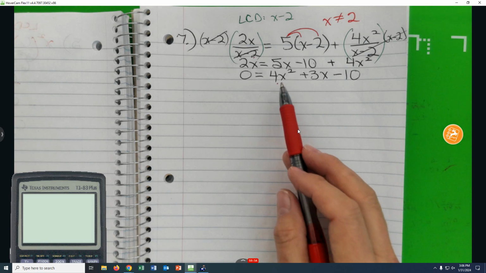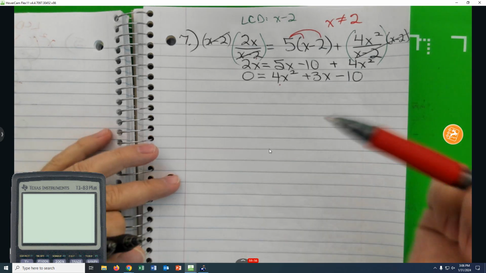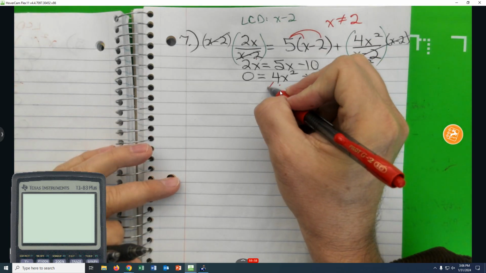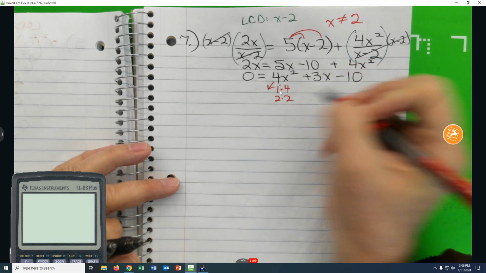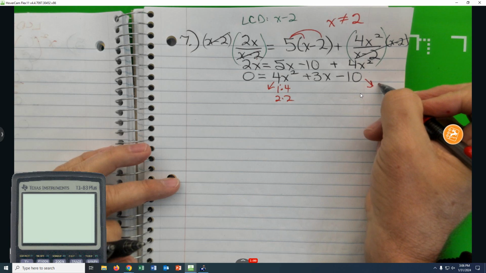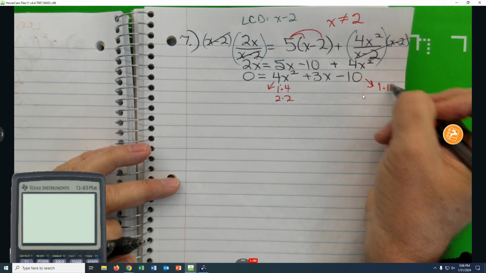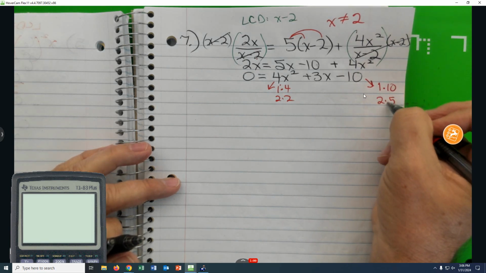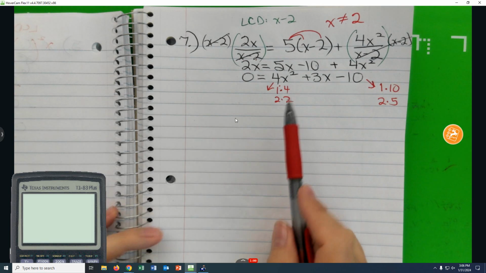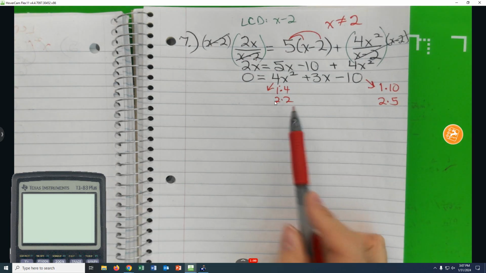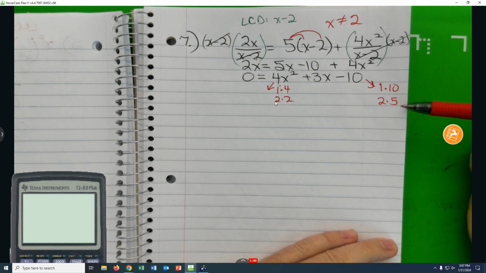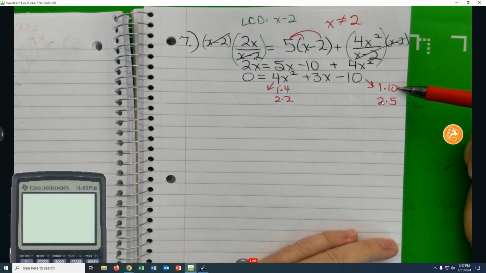But this one here, I don't think it's that bad because for 4, you can have a 1 times 4 or a 2 times 2. For 10, you can have a 1 times 10 or a 2 times 5. I know the 2x and 2x cannot possibly work. Both pairs have an even number.